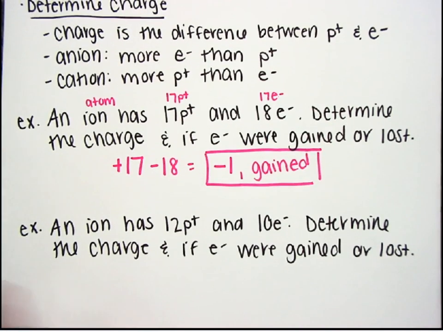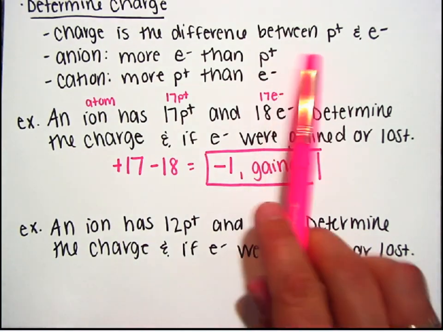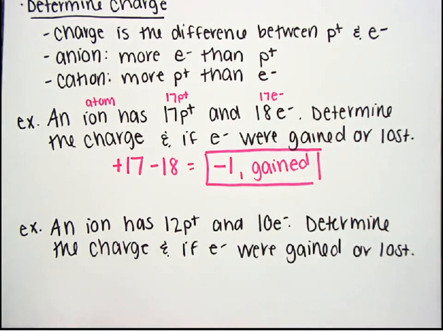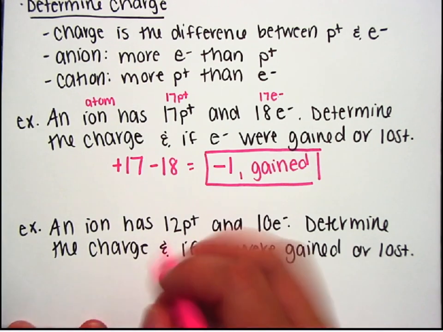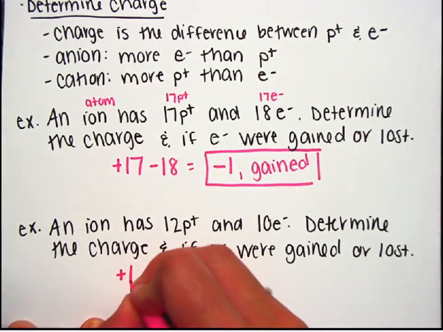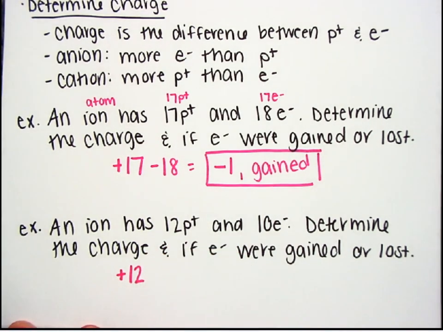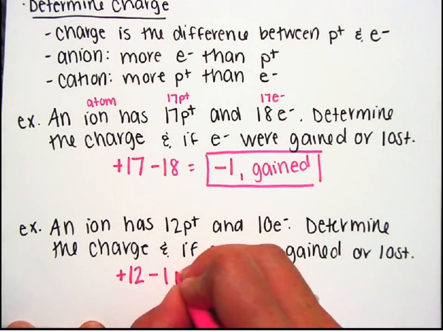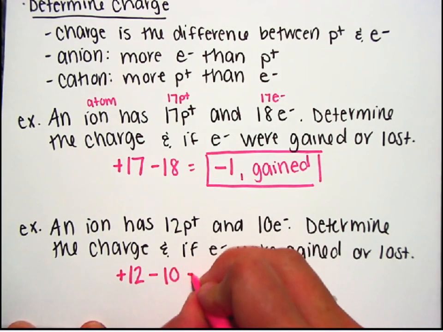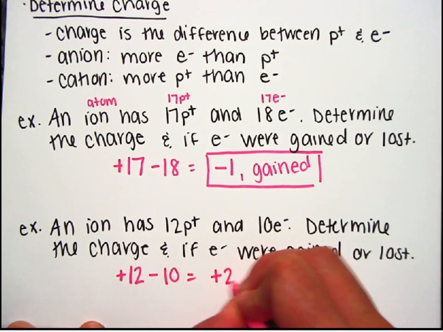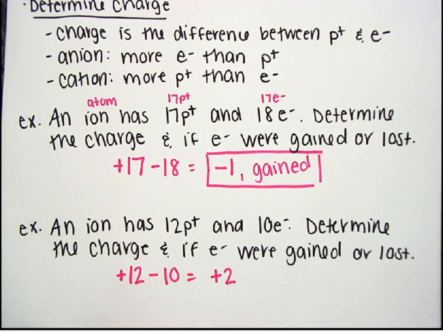So again, to determine charge, we want to look at the difference between protons and electrons. 12 protons, 10 electrons, my difference is 2. And I have 2 more protons, 2 more positives, so my charge should be +2. 12 protons gives me 12 positives. 10 electrons gives me 10 negatives. So my net charge is +2.